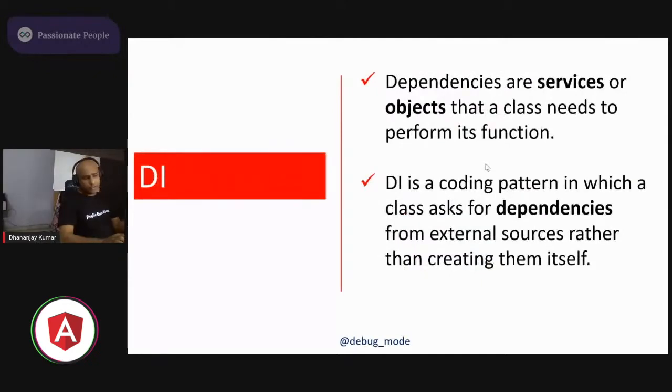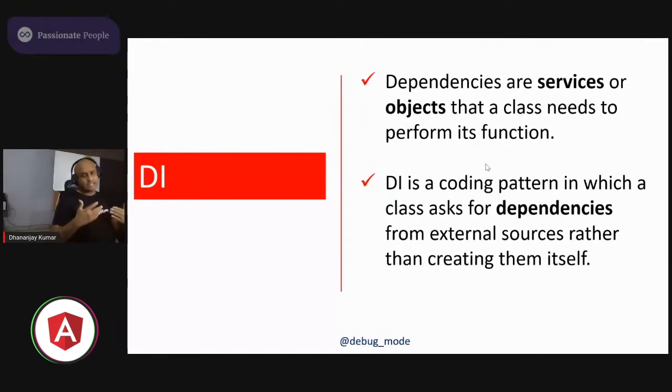If you are new to dependency injection and services, dependency injection is a coding pattern, a design pattern in which a class asks for its dependencies from an external source rather than creating them itself. For example, if you have a class called car, it needs an object of engine.